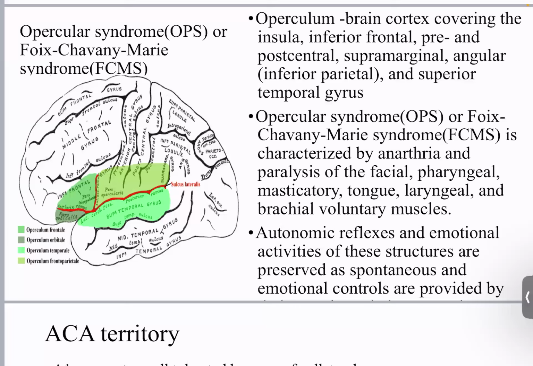Stroke involving this part is characterized by anarthria and paralysis of the facial, pharyngeal, masticatory, tongue, laryngeal and brachial voluntary muscles. Autonomic reflexes and emotional activities of these structures are preserved, as spontaneous and emotional controls are provided.